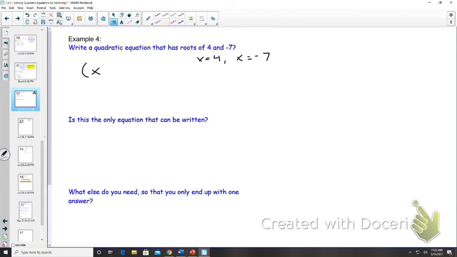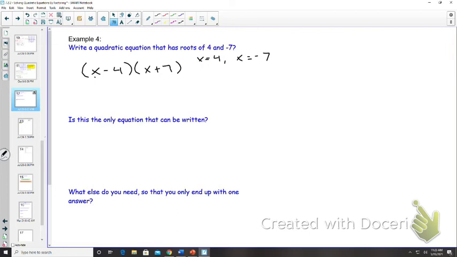X minus 4, x plus 7. Very good. Because when x is equal to 4, that whole bracket will equal 0, and in our second bracket, when x is equal to negative 7, negative 7 plus 7 is equal to 0. Is this the only equation that could be written?